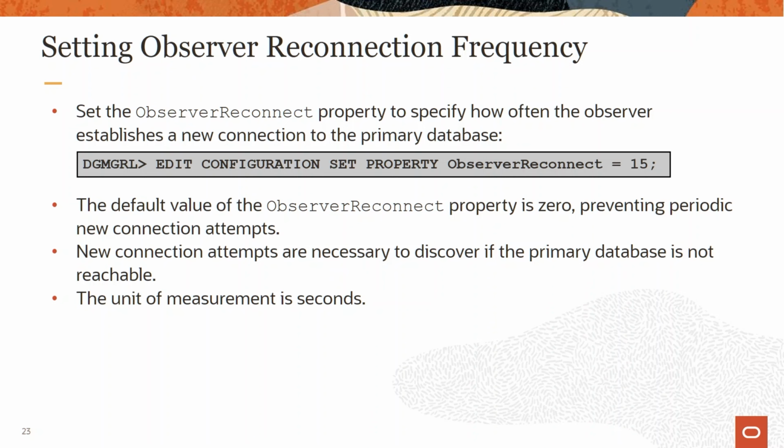So, in order to avoid the connection hanging issue, you may want to establish new connections every few seconds. That way you can make sure your connectivity problem to the primary database is not a connection hanging issue. Even though the primary database is up and running, you may have some hang issue that may be reported as a connectivity problem. So we can establish new connections every few seconds by using the observer reconnect property.